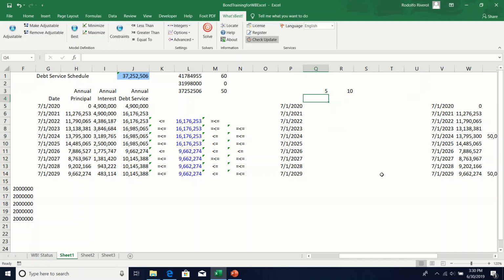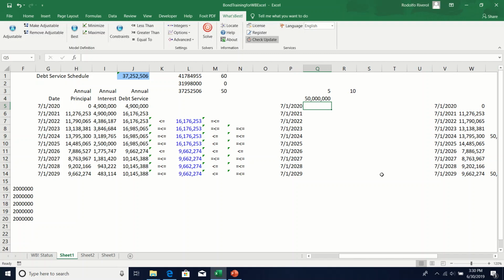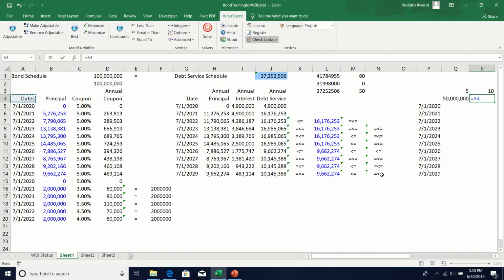Okay, so this is going to be 50. This is going to be the balance, which is going to be 100 million. Let's just go back to our 100 million here.